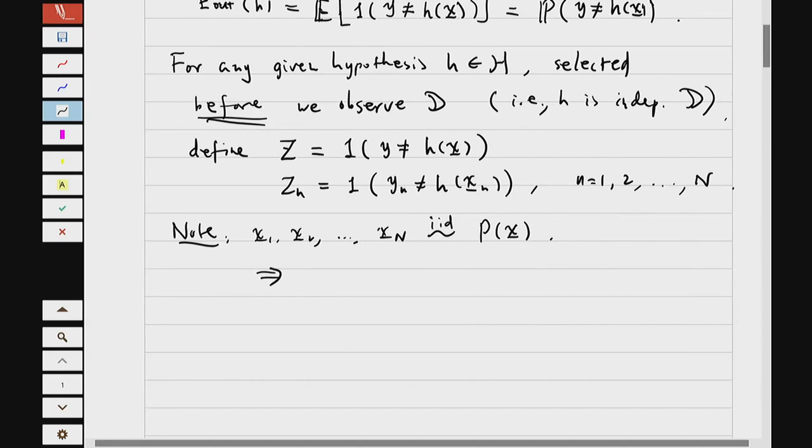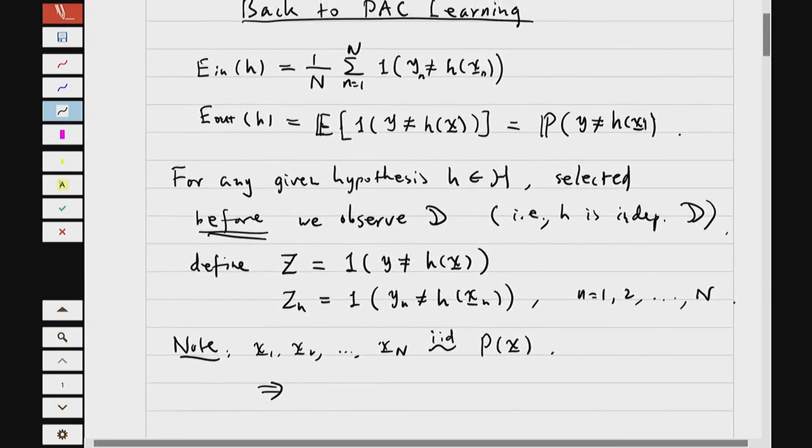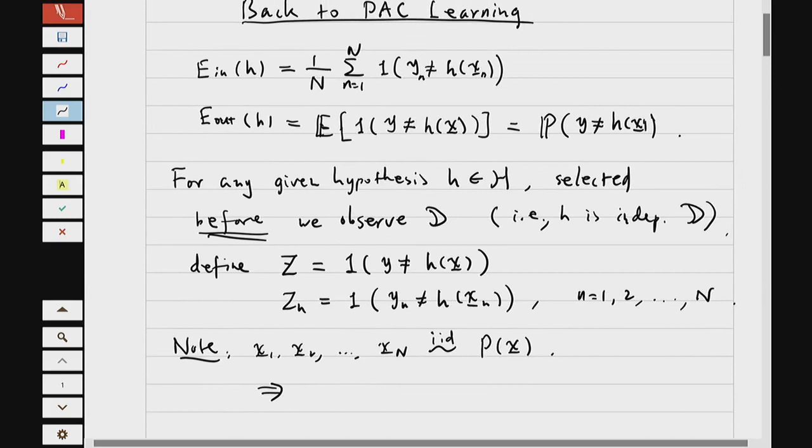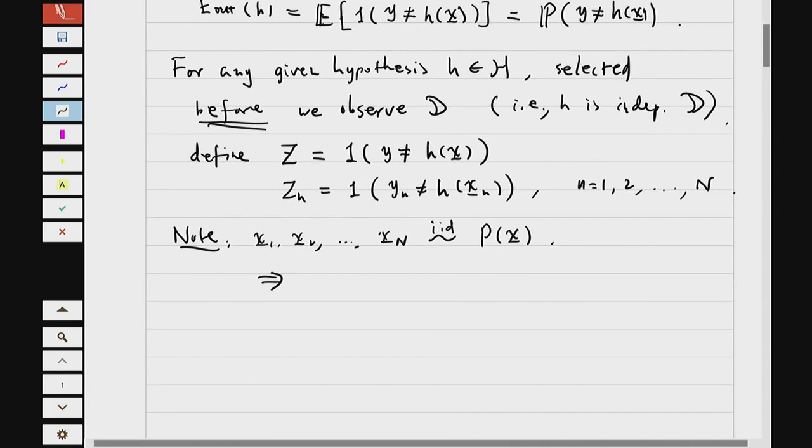Since each one of these random variables is independent, this whole function across different n values will be independent as well. Knowing one will not tell you anything about anything else. Knowing whether one point is in error will not tell you whether the other point is in error or not. They are all independent. So our Zn are also independent Bernoulli random variables.